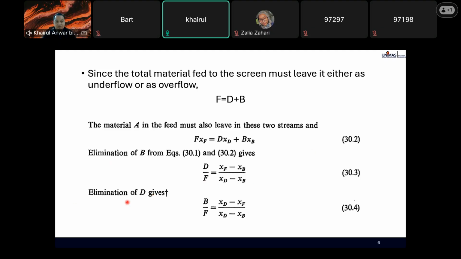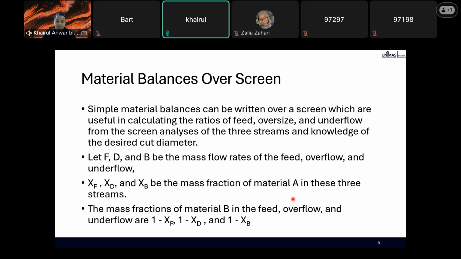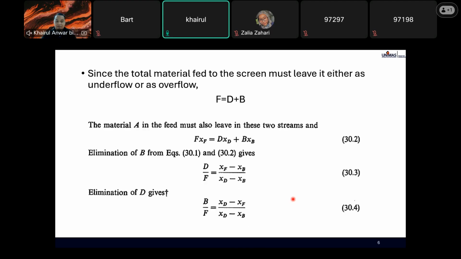So F is feed, the fraction of feed, D is overflow, B is the underflow.